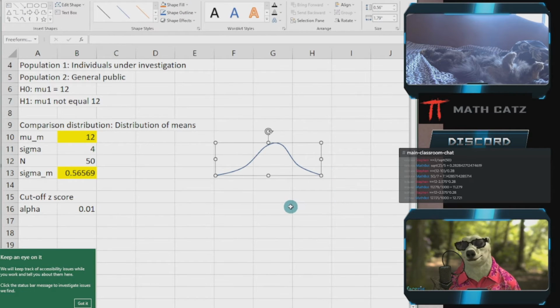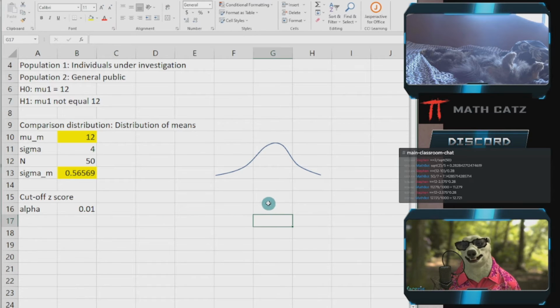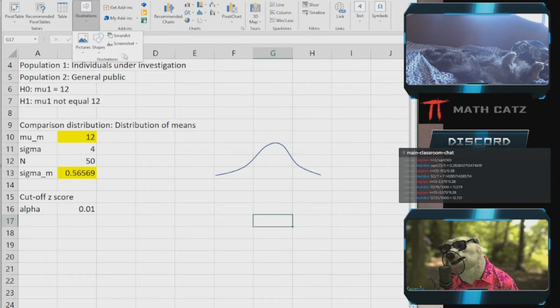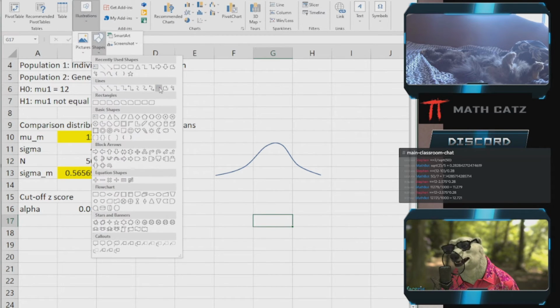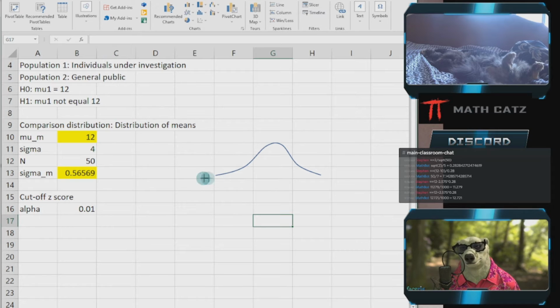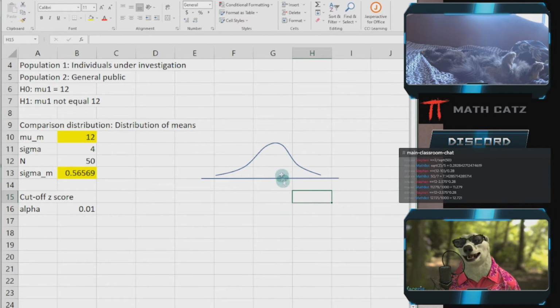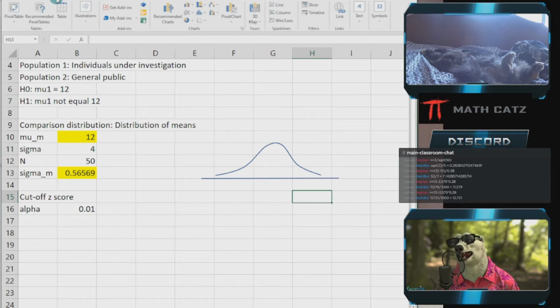I like it. It's a little off always, but that's okay. We want to, let me give myself a bottom line here, get some lines. Line over there, like so. And then we want to know, it's a two-tailed test.